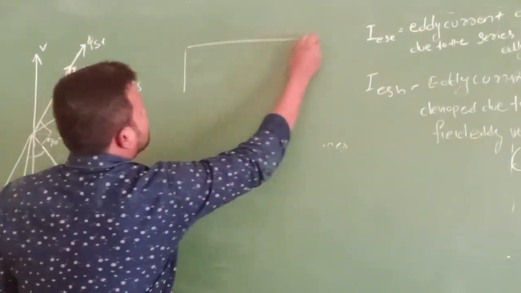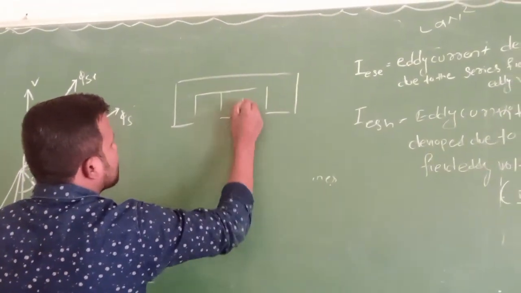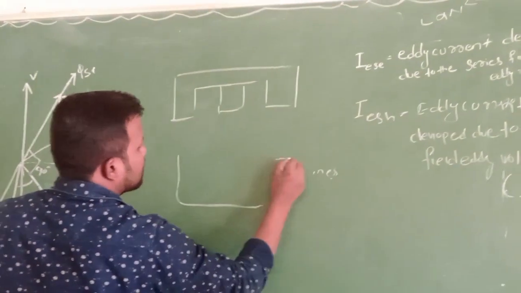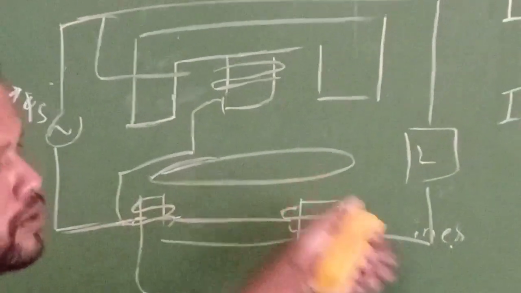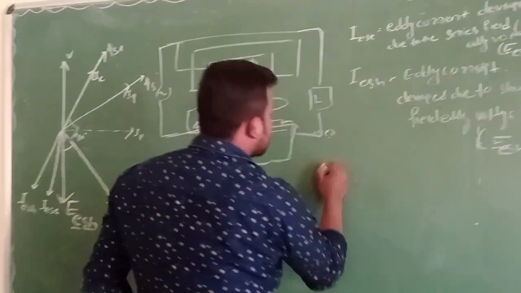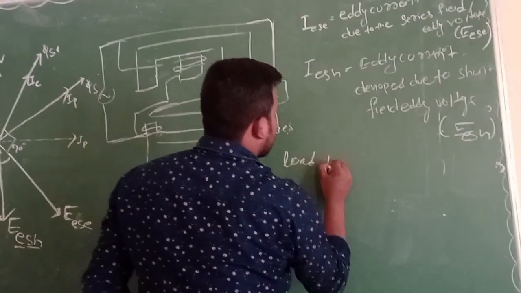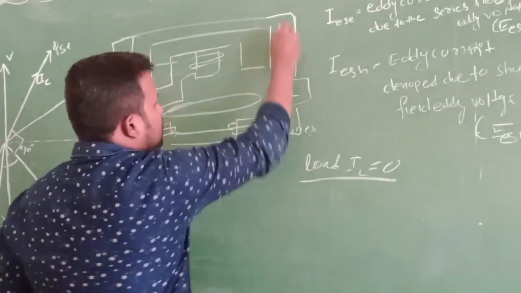If we do not consume any power, our load current should be equal to 0.